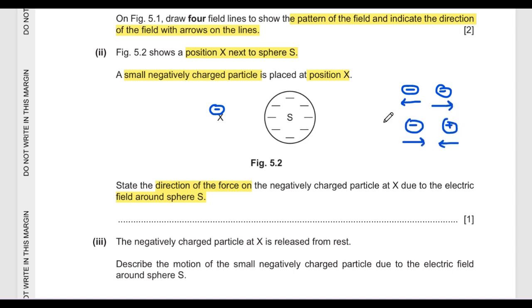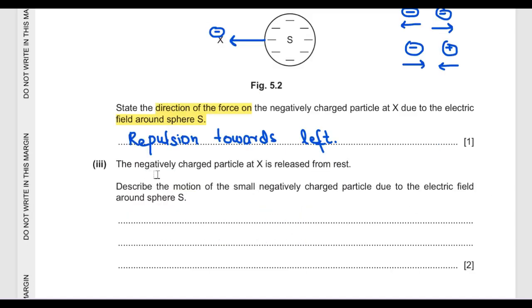If they were opposite, they would attract each other. So this X charge would feel a repulsion towards this left side. So I am writing the repulsion force would occur towards the left side of the page.